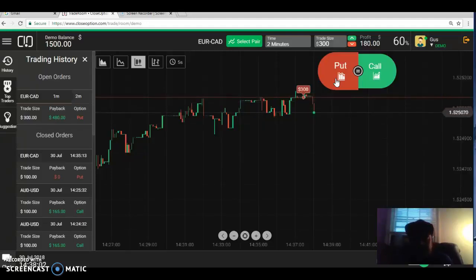So yeah, I just hit a $300 put trade because I lost that initial trade, and that's another strategy that I use besides the price action trend reversal.